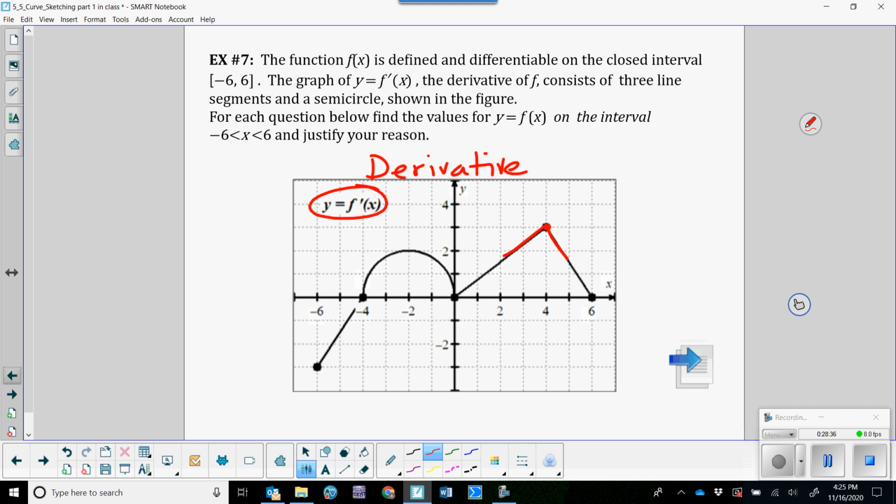At -2, you also change from increasing to decreasing. So both of those would be points of inflection because f double prime changes from positive to negative, or f prime changes from increasing to decreasing in both of those cases. At 0, f prime changes from decreasing to increasing. So that's also going to be a point of inflection, because, again, f double prime changes from negative to positive.